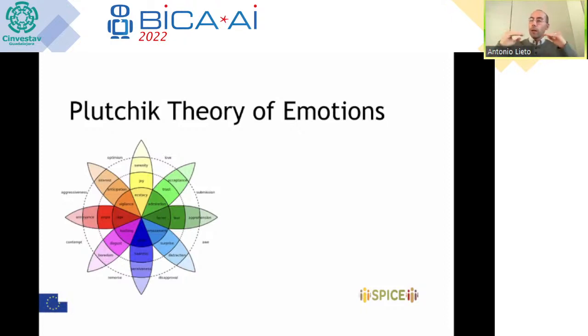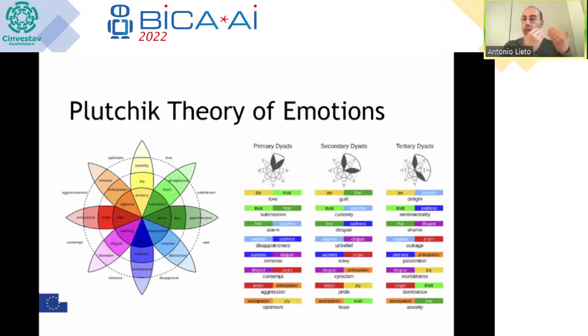Our common sense reasoning framework provides human-like concept combination. And this emotional framework is interesting because it provides a way to generate complex, compound emotions starting from what are defined within this wheel that you see in the slide, the basic emotions.